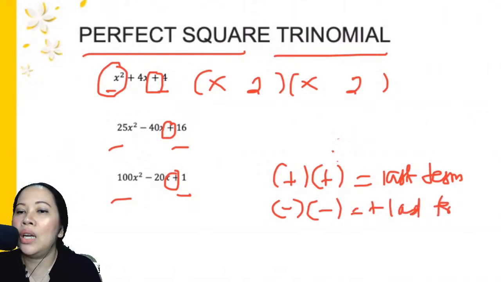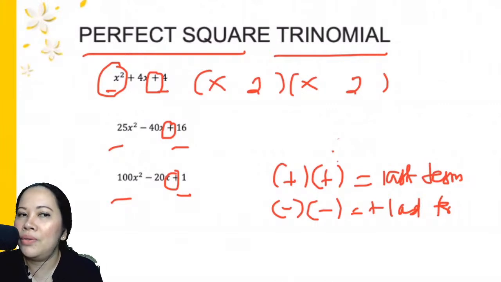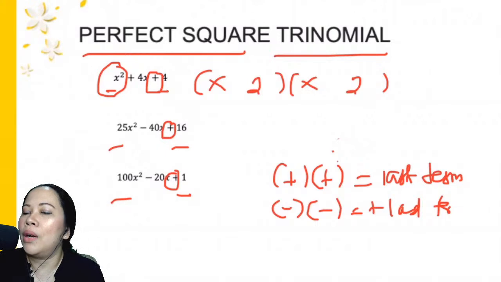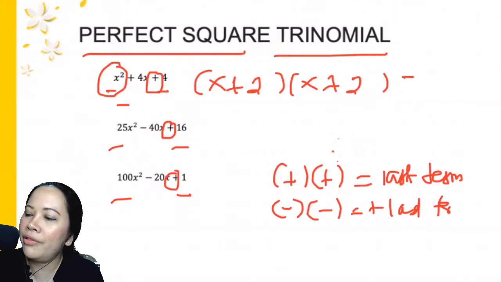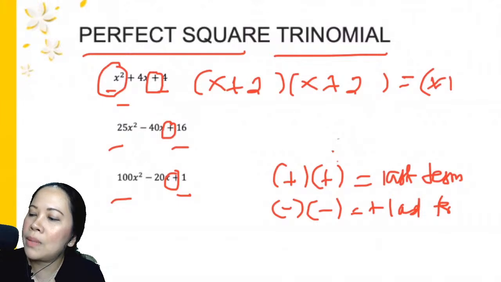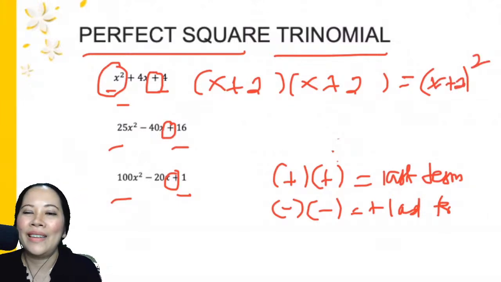So that means that your last term can be positive times positive or negative times negative. Now, the next one that you have to check is the middle term. If the middle term is plus, that means both will be also plus. Therefore, this perfect square trinomial, its factor will be x plus 2 square.